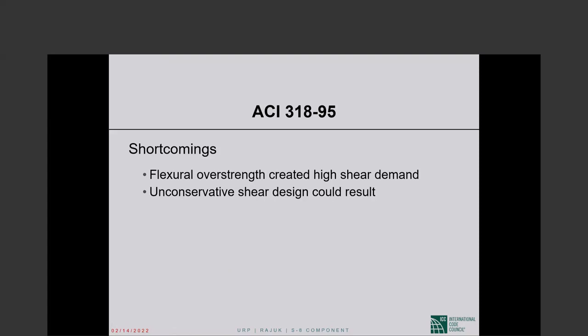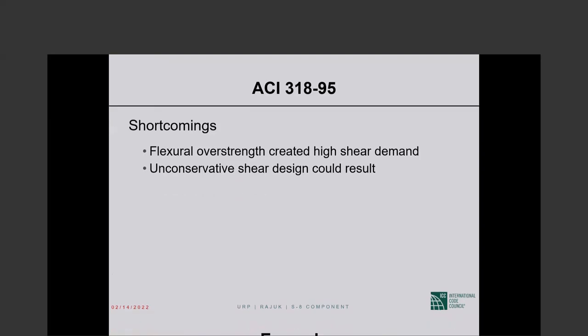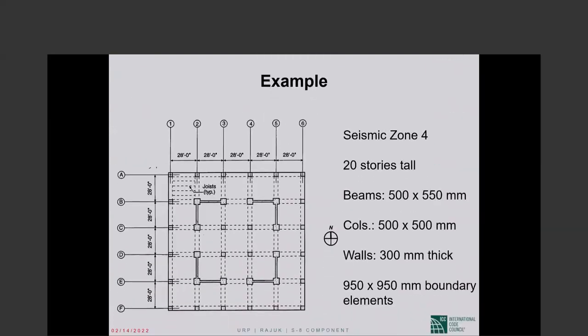We were cramming a lot of reinforcement into the large boundary elements, thereby giving us an unconservative design, shear walls that were almost certain to fail in shear before they had a chance to fail in flexion.